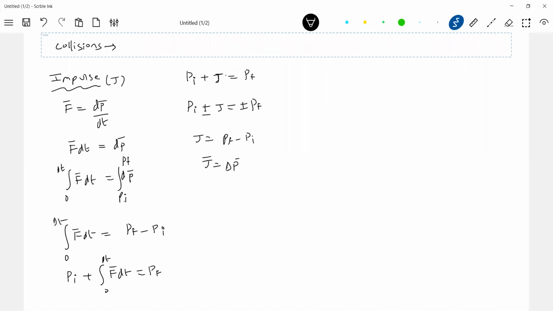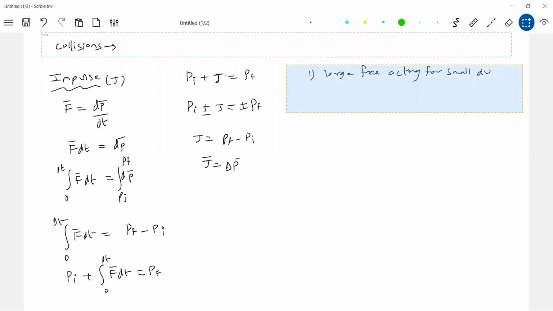Again, there are 4 ways we can categorize. Which force, under what conditions is an impulse set up? First case, large force acting for small duration of time.